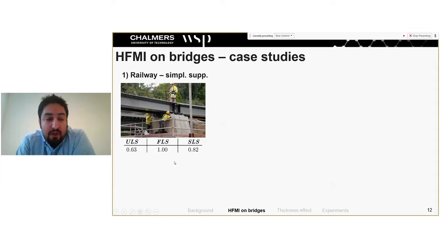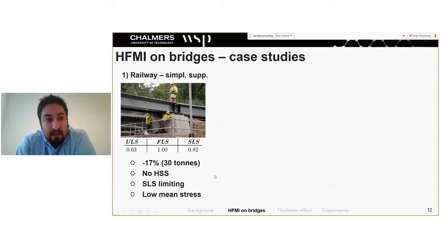So by only performing calculations, so this is only theoretical, I used the same calculations that were used to design the bridges and just improved the fatigue strength. We could save 17% steel in these main girders, so that corresponded to 30 tons. And we didn't even have to use high strength steel, because by reducing the bridge with 17% of steel, we actually came up to the deflection limit.